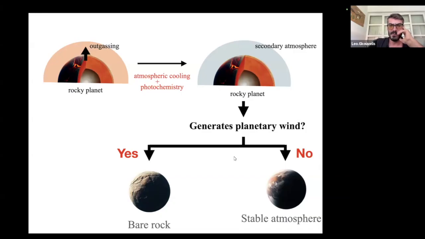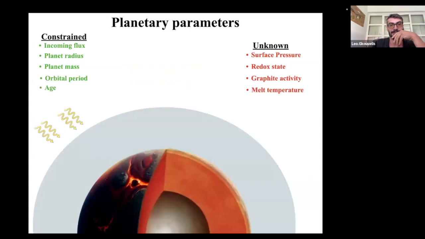It's basically whether the incoming energy that hits the atmosphere can be managed by the atmosphere, or it will generate a regime called hydrodynamic escape, with a continuous flow of gas to space, which for planets we call planetary wind. And I will show you that this is very important for the evolution of the planet.